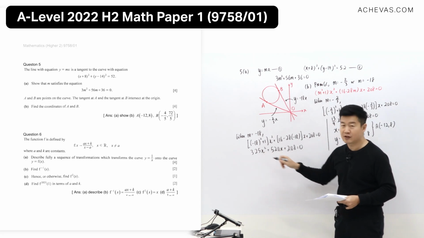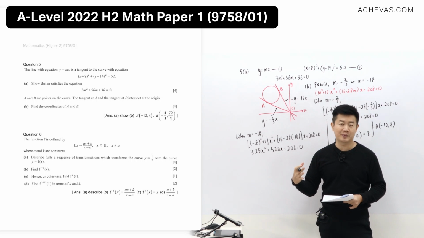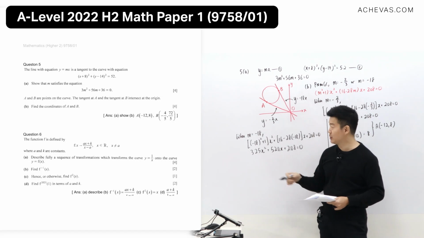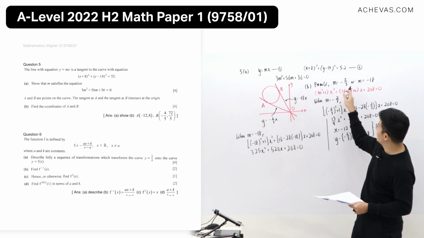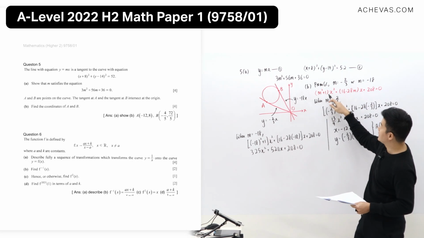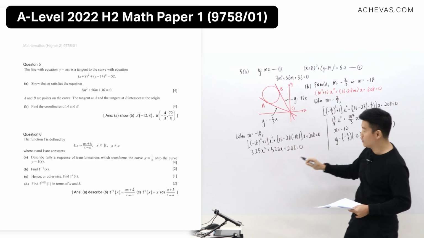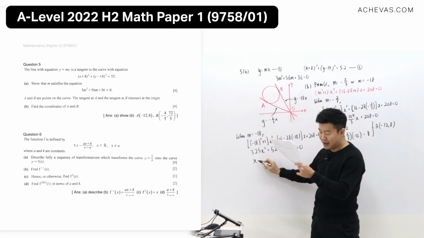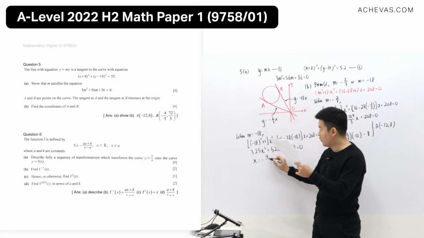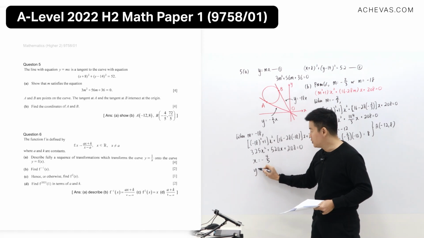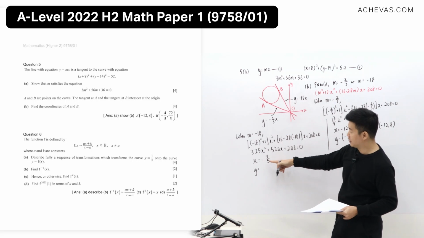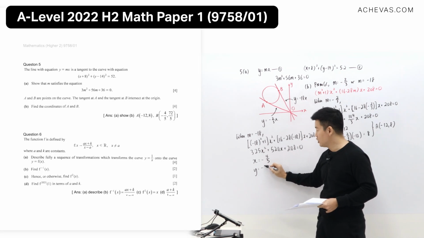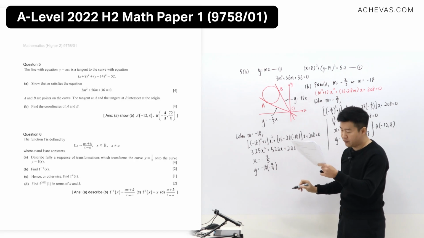Pressing into my calculator, solving for this, how many solutions am I going to be expecting? I'm going to be expecting one solution, because this is the m that I'm using, which will be giving me one single solution for this quadratic equation. So pressing into my calculator, true enough, x is equal to negative 4 over 5, which means that y is, I'm substituting this into here, okay? y is going to be equal to negative 18 multiplied by negative 4 over 5.